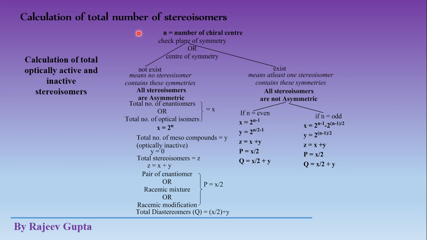It will depend on the structure of a molecule or the presence of substituents in that molecule, that all the stereoisomers of that molecule could be asymmetric or chiral, or it is also possible that some of the isomers in the total stereoisomers for that structure could be symmetric.